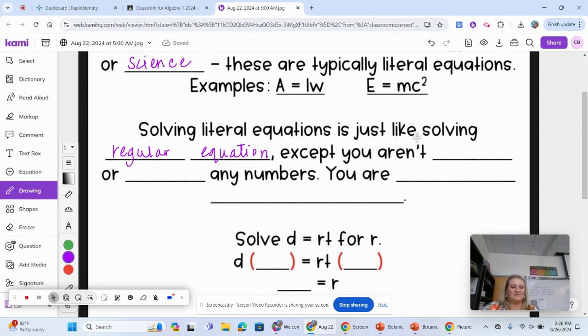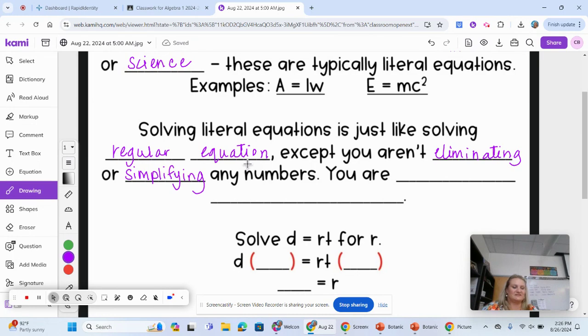Except you are not eliminating or simplifying any numbers.